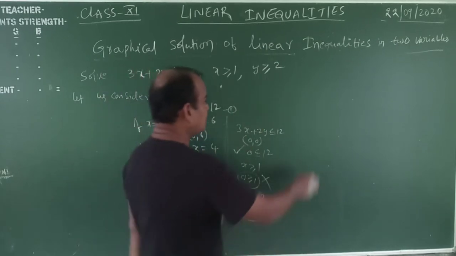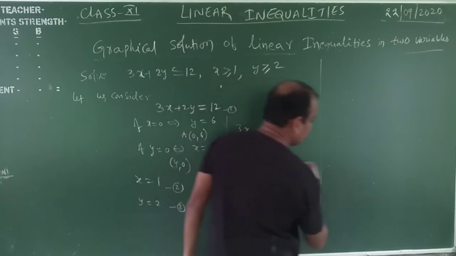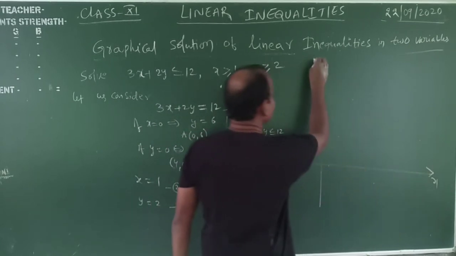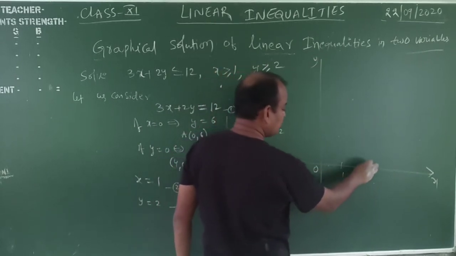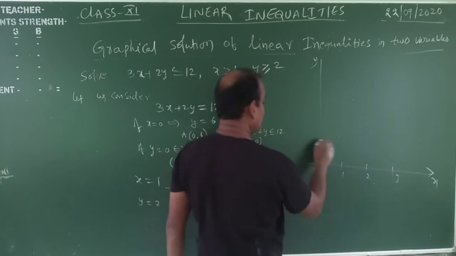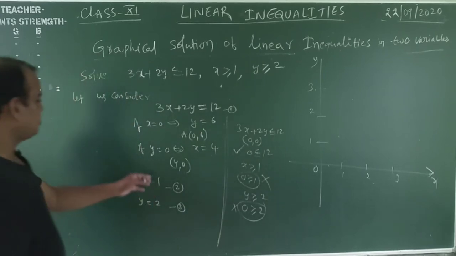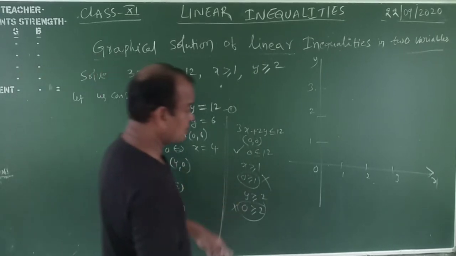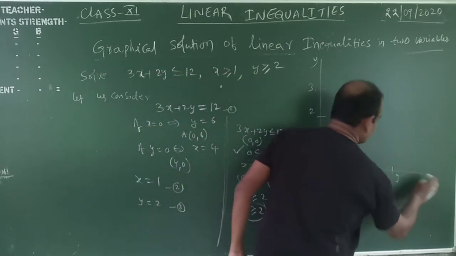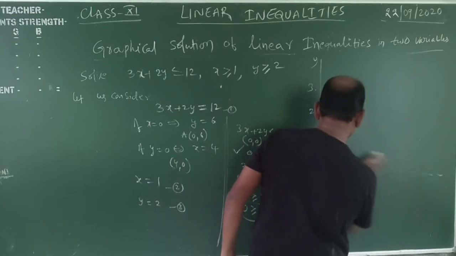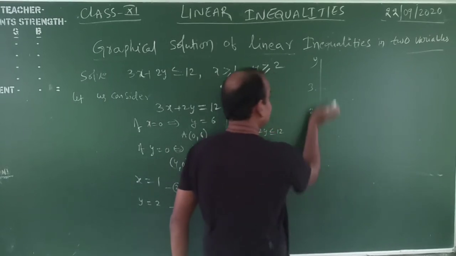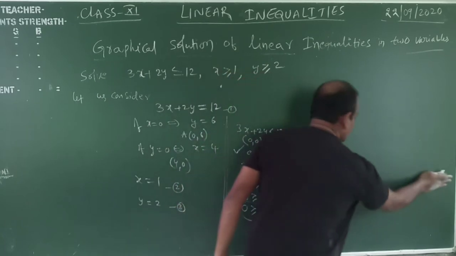Now draw the graph. One by one we will draw the graph. This is the x axis, this is the y axis. 0, 1, 2, 3, up to 6 is there.